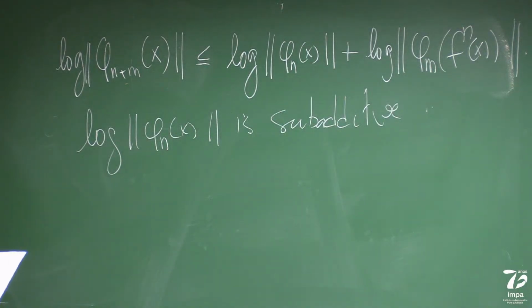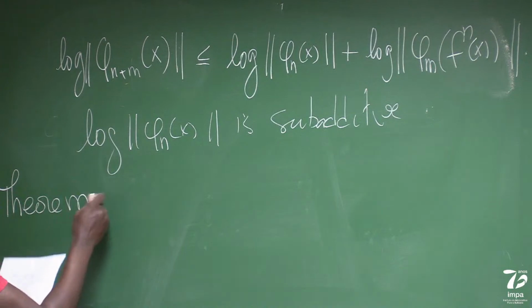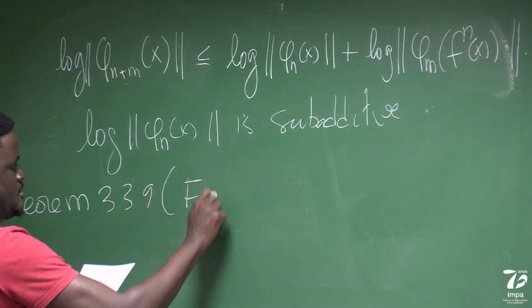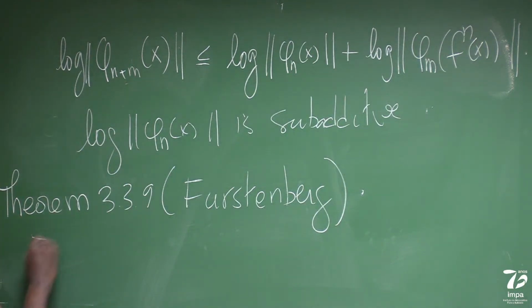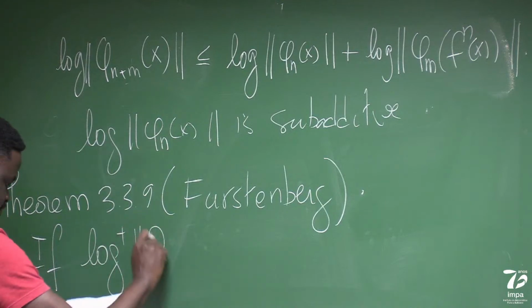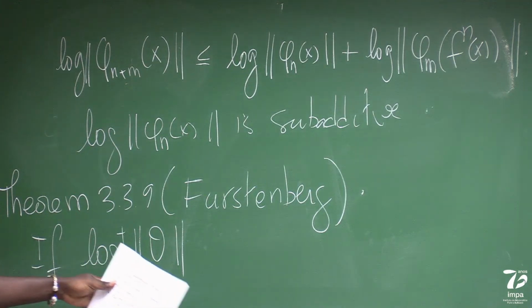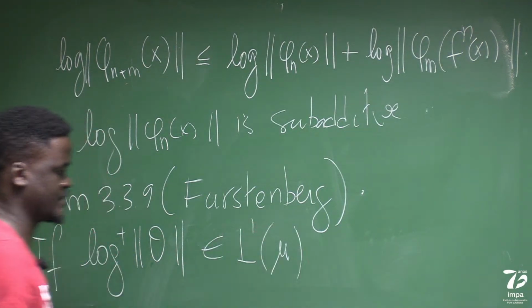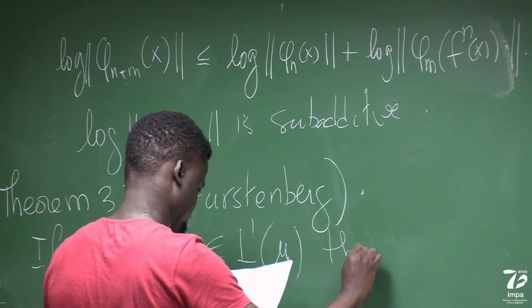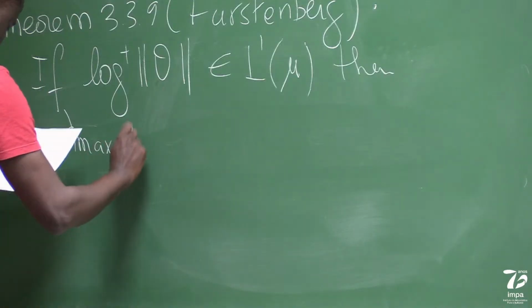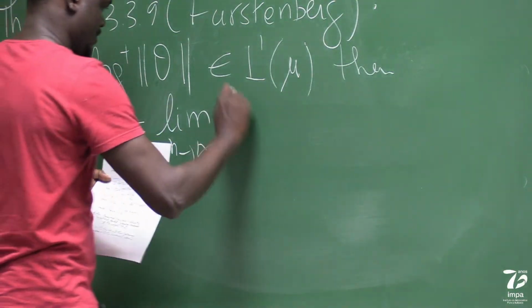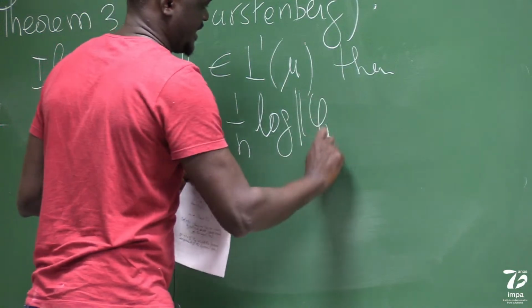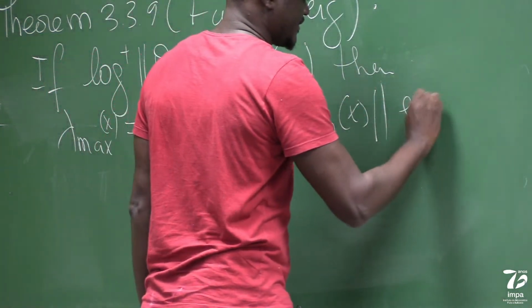And from Kingman, you have this theorem which is due to Furstenberg. Theorem: if you have a cocycle and the log of the norm is L1, which was the condition of Kingman, then lambda max of x, which is the limit as n goes to infinity of 1 over n log of the norm of phi n x, exists for mu almost every x.